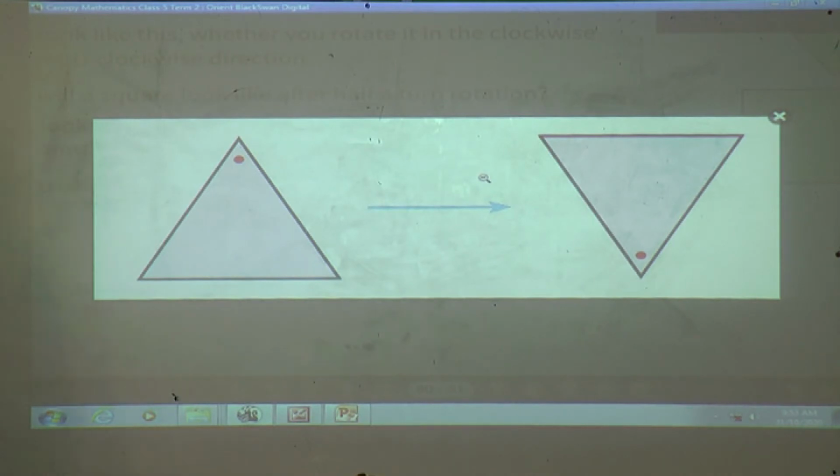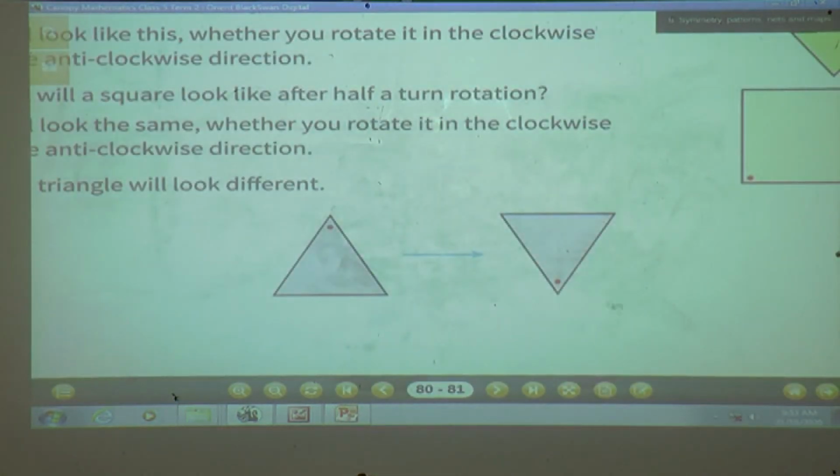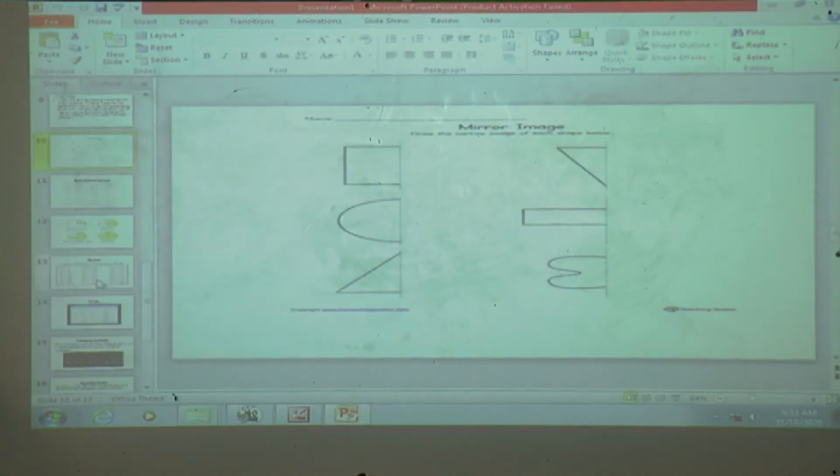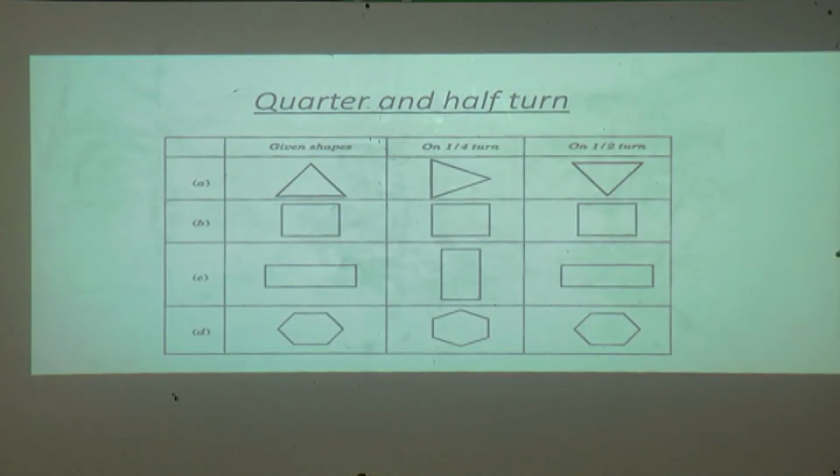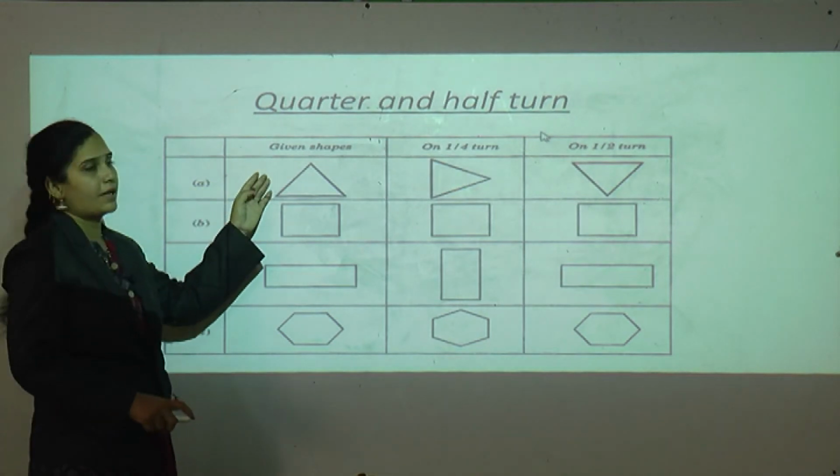now 6.2, page number 82. Here, see, before that we'll see some examples of quarter turn and half turn. See students, here is a triangle.